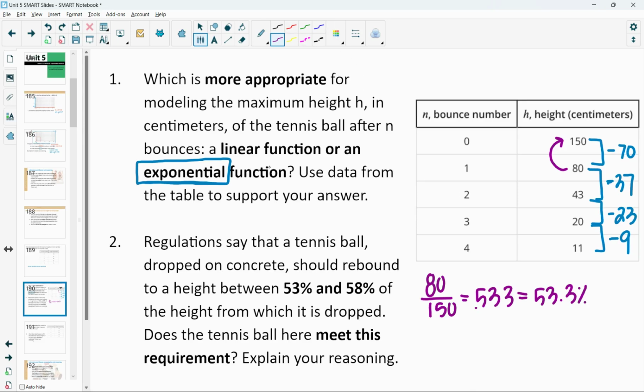And then if we look at it from the second bounce, you do the second divided by the first to see that percent change. So 43 divided by 80, and you're going to get 0.537, which is about 53.7%.